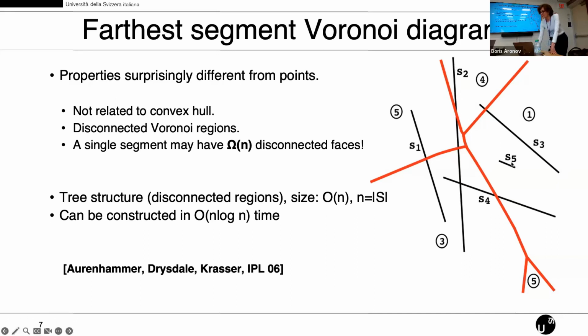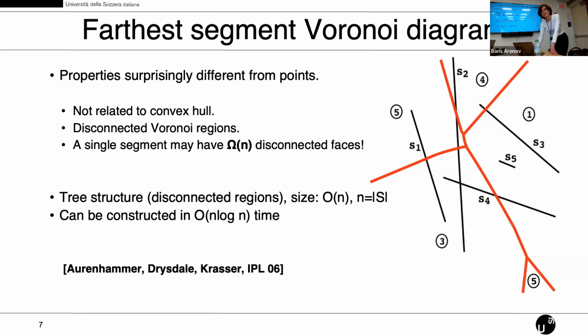On the contrary, this little segment S5, which has nothing to do with the convex hull, has in fact two disconnected faces, two different regions. In fact, a single segment may have Omega(n) disconnected faces in this diagram. Nevertheless, it is a tree structure, a tree with disconnected regions.